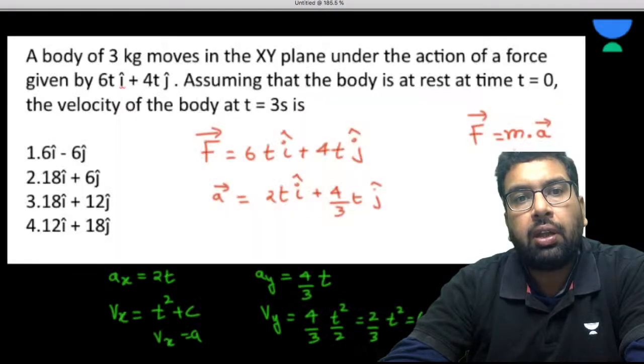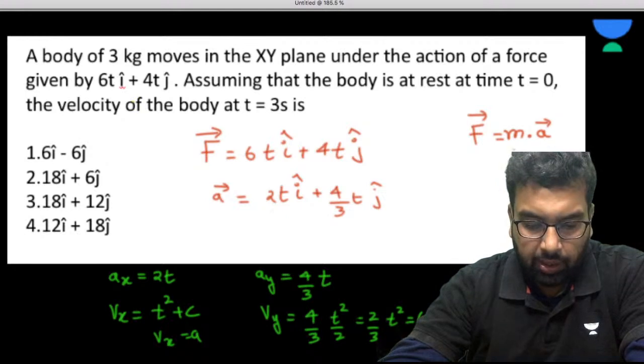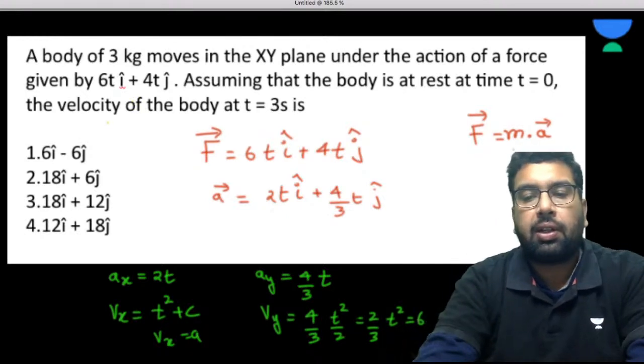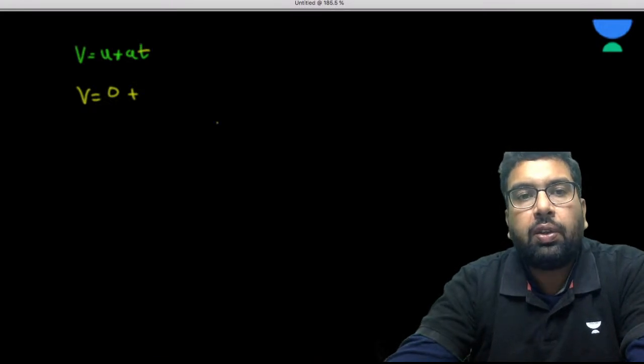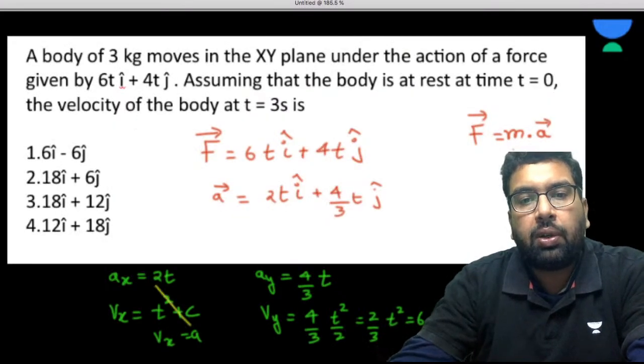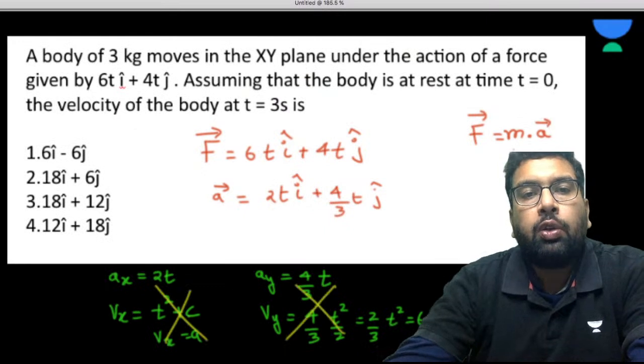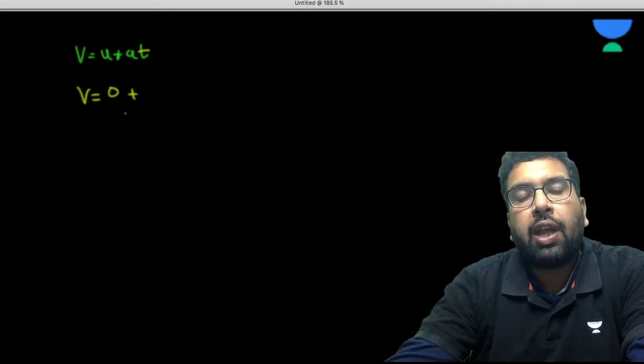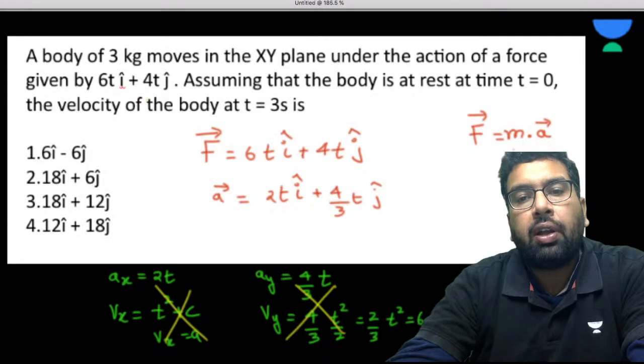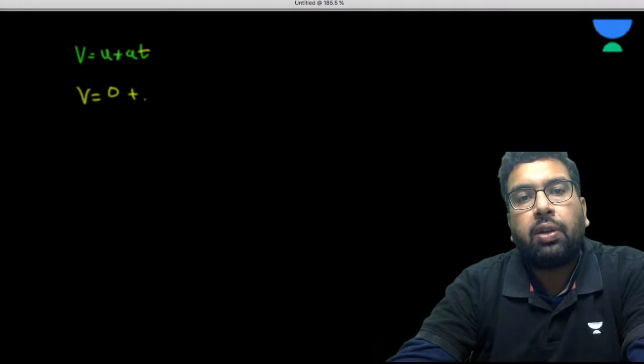Assuming that the body is at rest. Let me correct this question. So actually we cannot do it this way. First of all we have to get this acceleration. Now V is equal to u plus at.